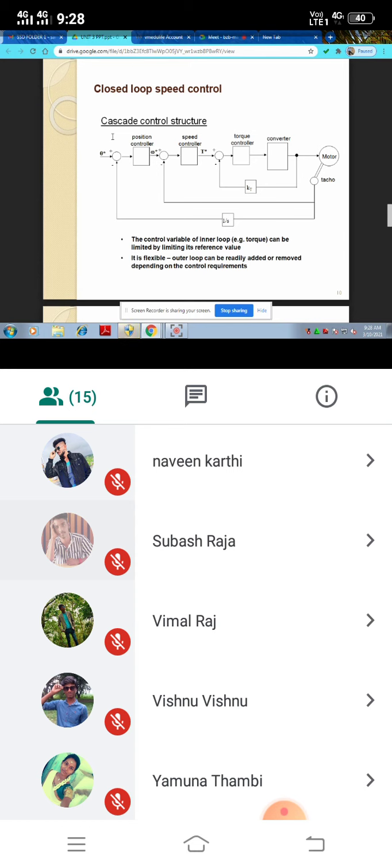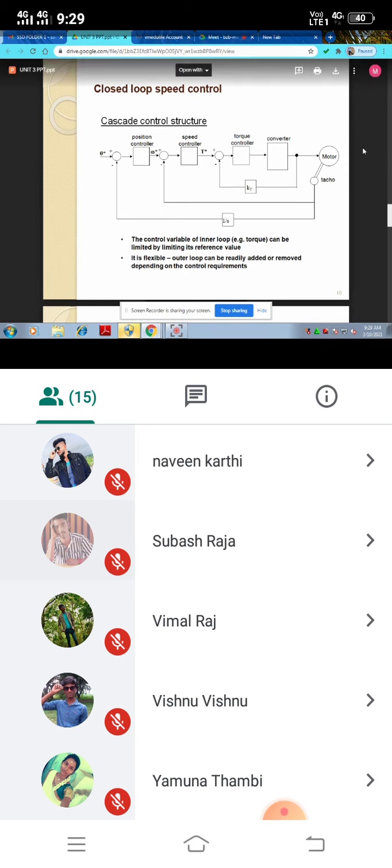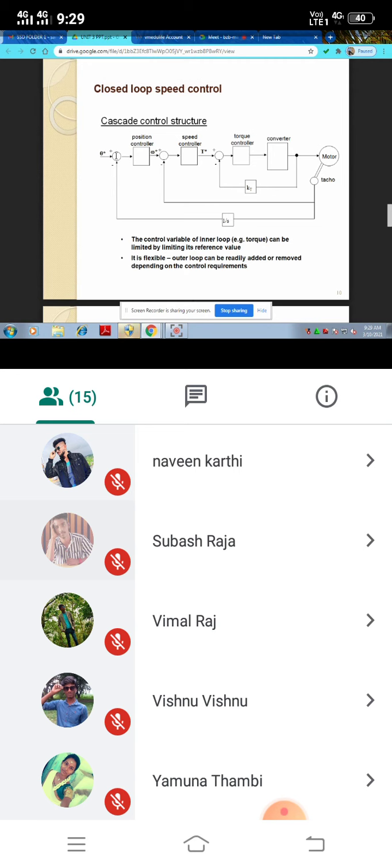Okay, inside of that heading we have one block diagram. That block diagram explains to us that the input is angle, and that angle is picked from this motor. So the input is angle. After that input, it connects to one summing point.